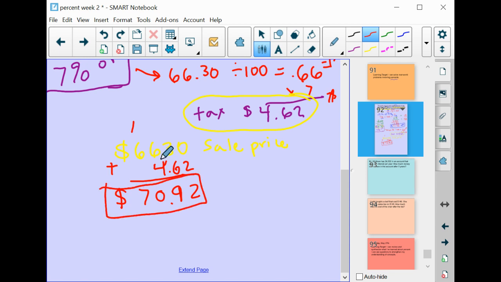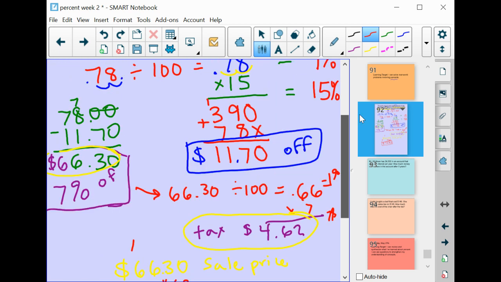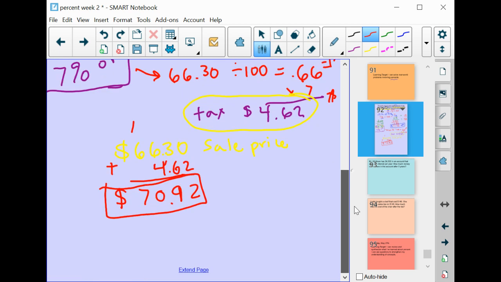This is Gretchen's final price for the jacket. So you might be thinking she didn't save that much, but she saved $8, which is nice.